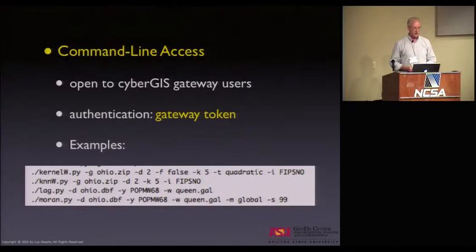So these examples at the bottom access specific functions that are part of the library, pass a bunch of parameters, and then this all gets packaged and interfaces with the token service to make sure that it's authenticated and then sent to the server. The server processes it and posts back the results.